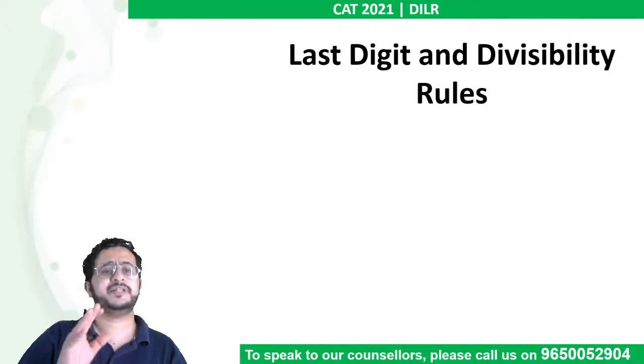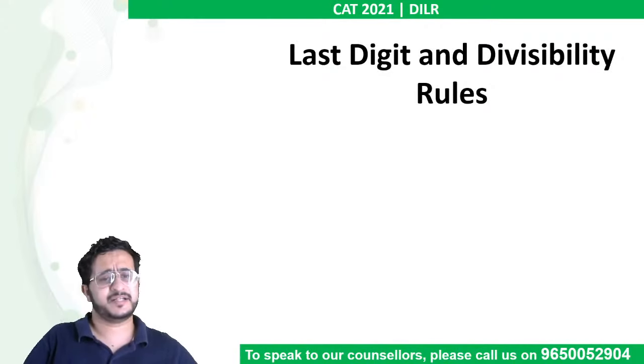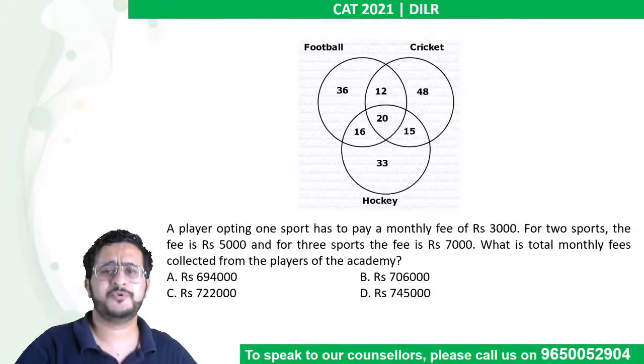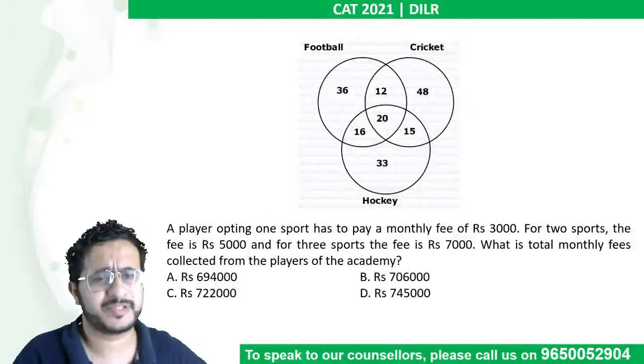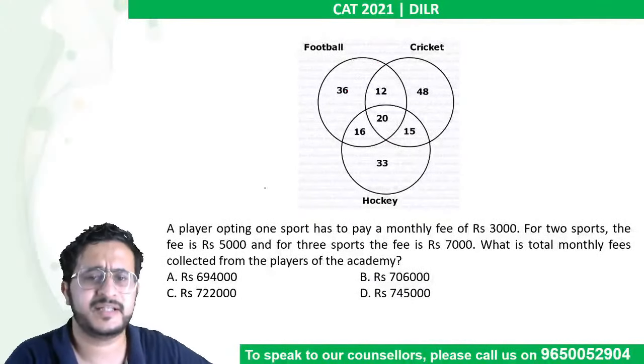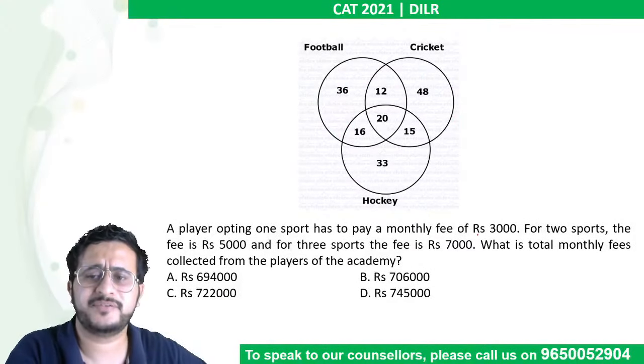Okay, next important thing, which we know but we do not use, is last digit and divisibility rules. Okay, all right, so let us see this. Suppose this is a Venn diagram. I have not given you the questions, right? Suppose this is a Venn diagram, and in this it is said that a player who plays one sport, so these are the people who play different sports. A player who plays one sport has to pay 3000.